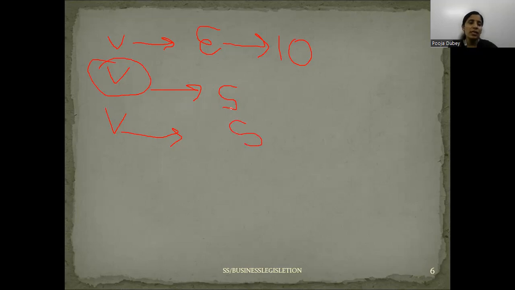So what is supervening impossibility? Understand it this way. Two people have entered into a contract and they have to perform the contract on the due date. The date is fixed, and on that date we need to perform the contract. For example, if someone is having a marriage at their home, they have contracted with XYZ hotel that the marriage ceremony will be held on that particular date at that particular hotel.